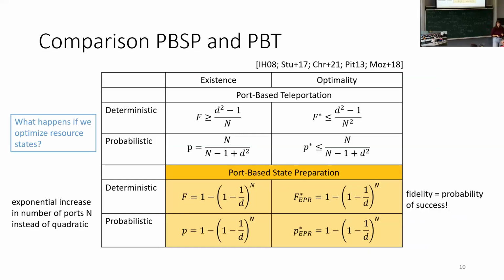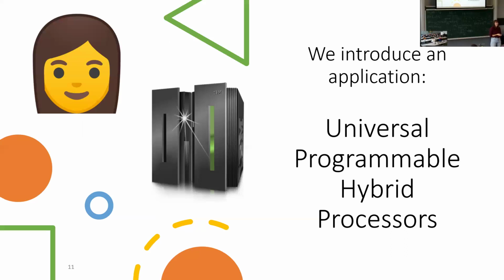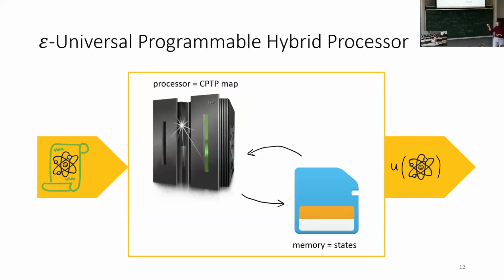Okay, so now let's give an application of this port-based state preparation, which is doing universal programmable hybrid processors, in analogy to universal programmable quantum processors. So what is this? It's a big machine to which you give a classical description of a state.